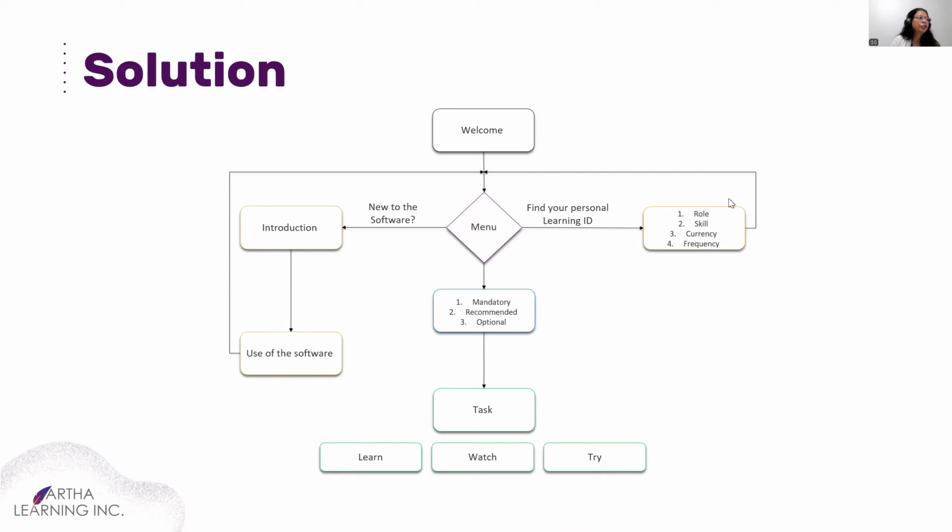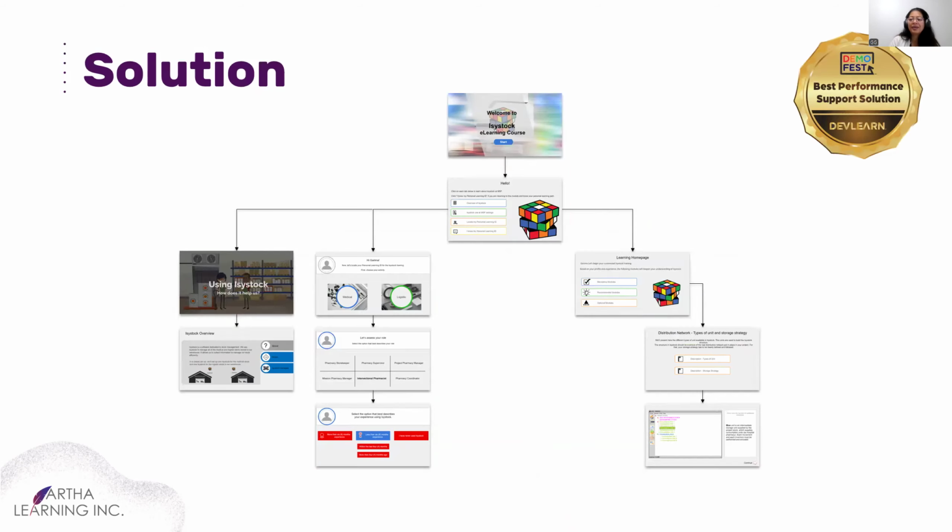I could just go here, change my role, skill and all of this information, and I'm going to show you what these are in just a bit. I could then go on and learn something else, or I could just open up the menu and go to the task I wanted.